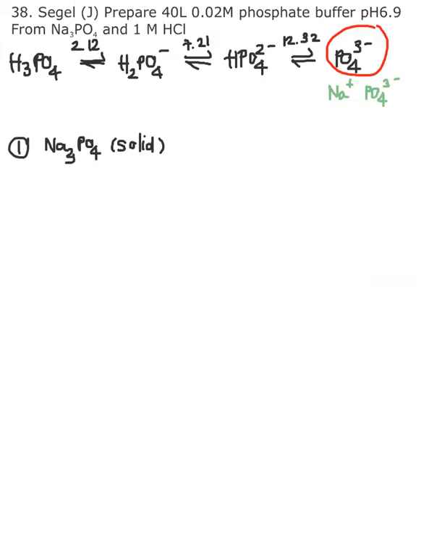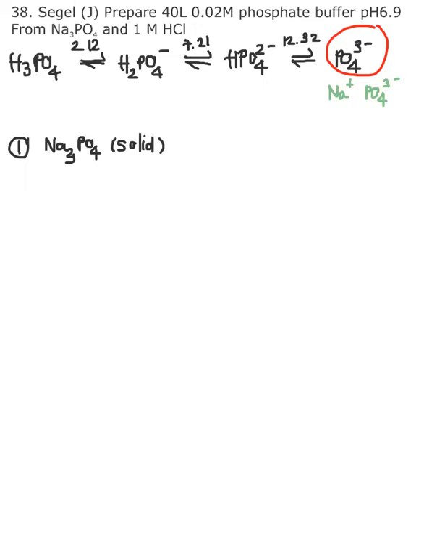In the previous two questions, we started from the acid part, from H3PO4, but for part J here, we instead start from PO4 3-, which is the base species.